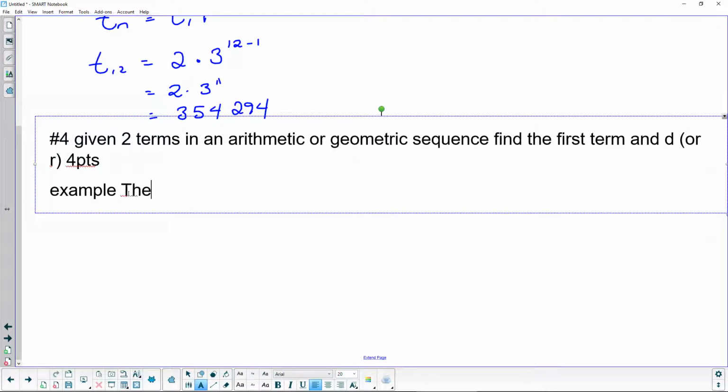Okay, so let's say the third term of an arithmetic, we'll go arithmetic in this case, sequence is 16, and the 9th term is 46.